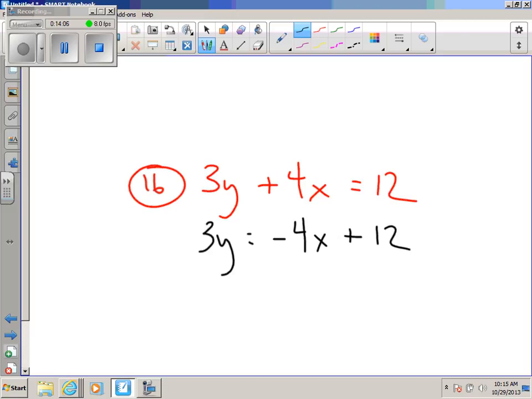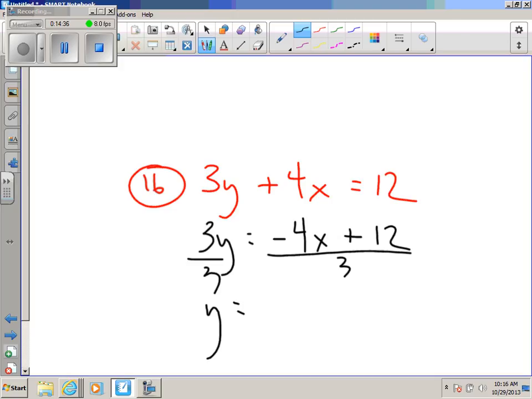There we go. Okay. Now what? Mark? Divide by 3. Here's where it gets just a little bit hairy. All right. 3y divided by 3 is going to be a y. And what's the potential problem on the other side? Mark? Okay. The 4 is not divisible by 3.